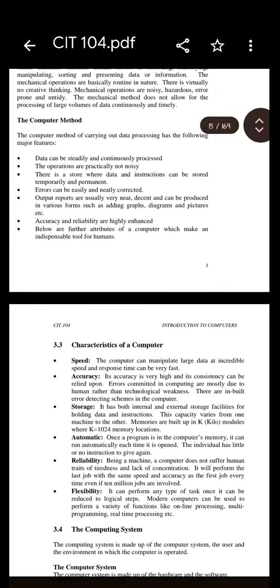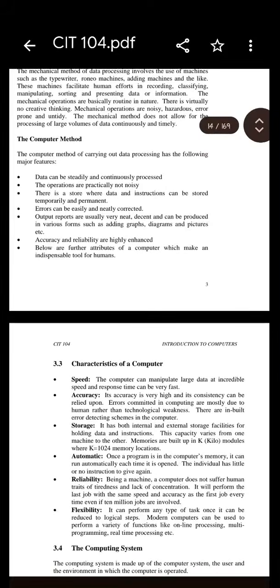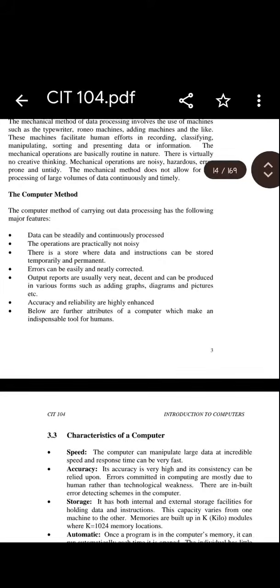Please, give me 5 examples of the hardware components. Please drop them in the comment section.